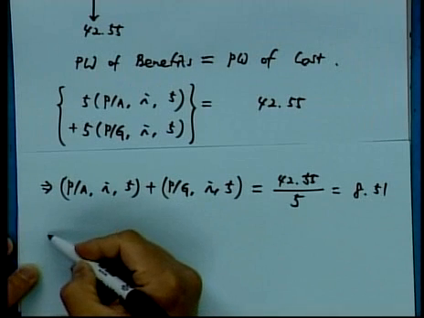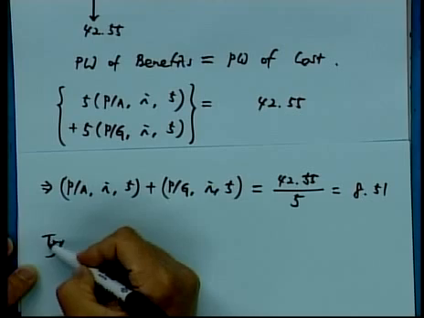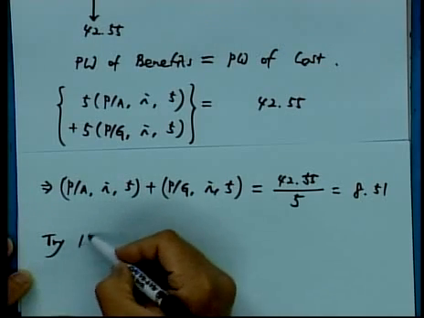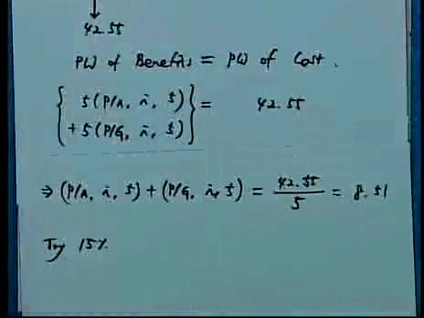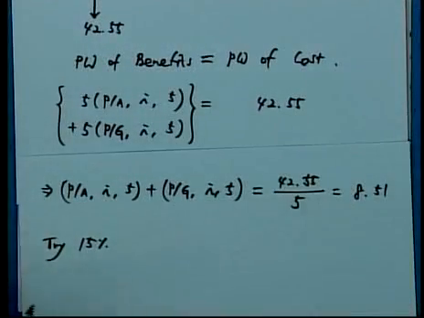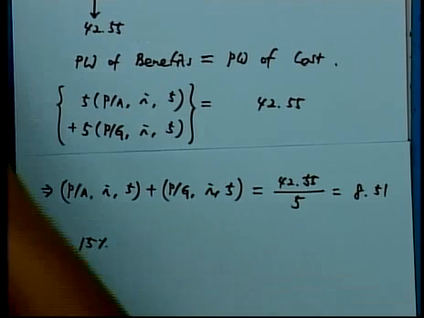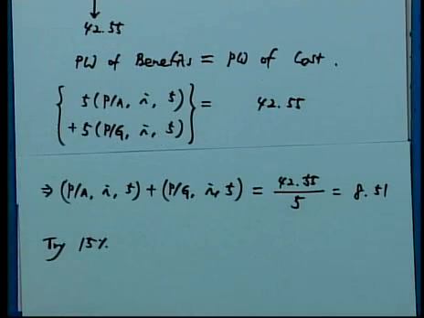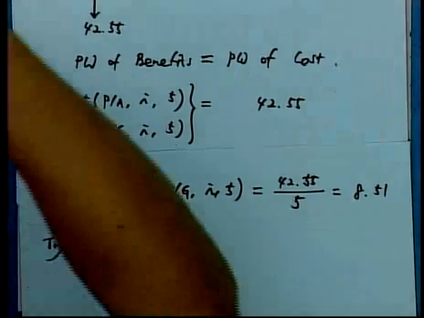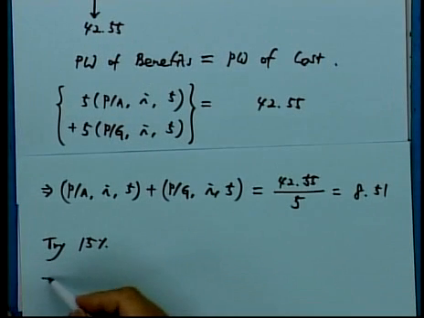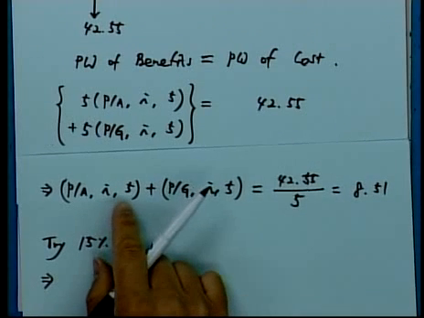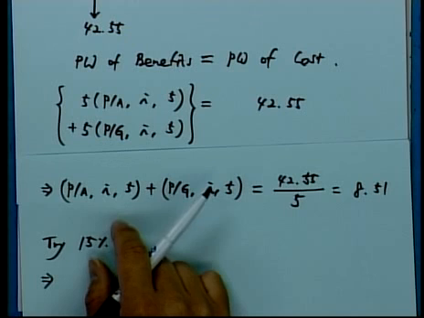so let's try a rate. Then P given A over 5 period is 3.352.